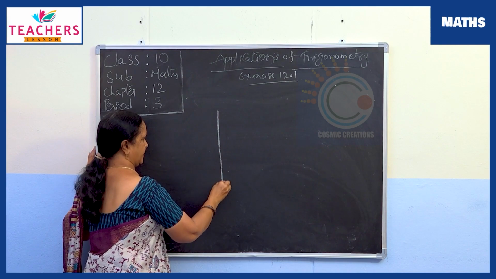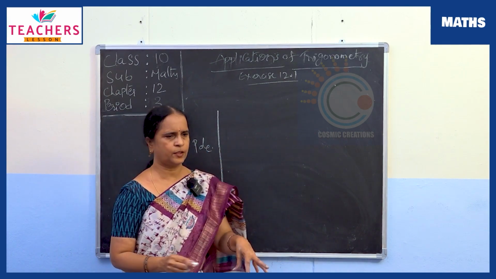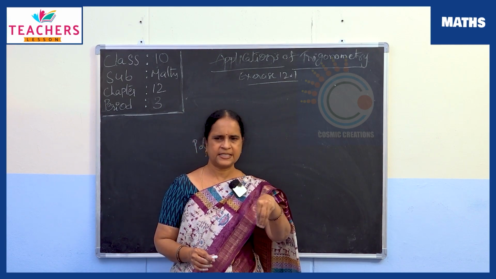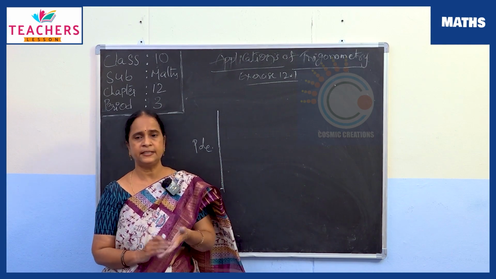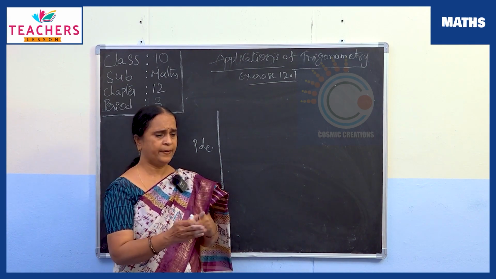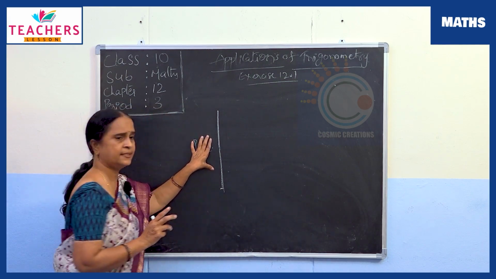Okay, one pole is there. If you put one pole vertically on the ground, does it remain? No. Can you keep it without any support? No. It needs support. For that, he made 3 ropes. He used 3 ropes to make it stand.